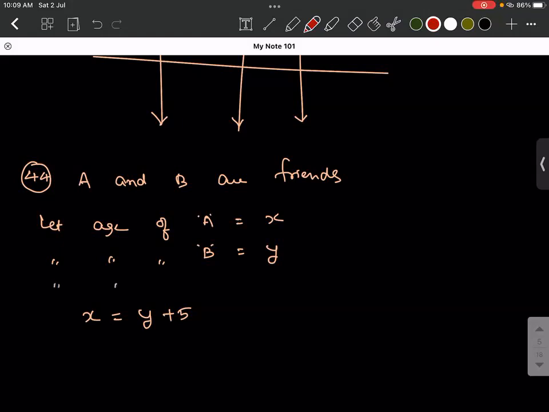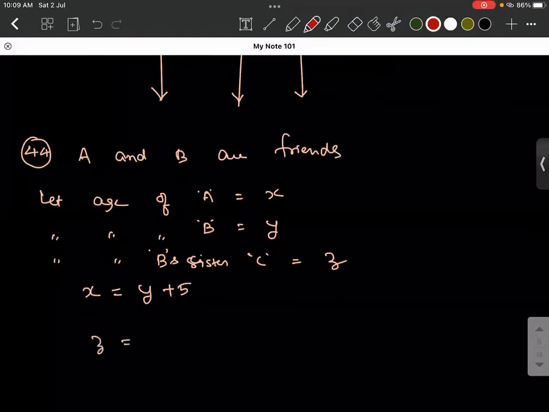Okay, let the age of B's sister, B's sister is C. Let it be Z. So Z is equal to Y by 2. You need another variable. Okay, did they give all the answers in terms of X and Y?